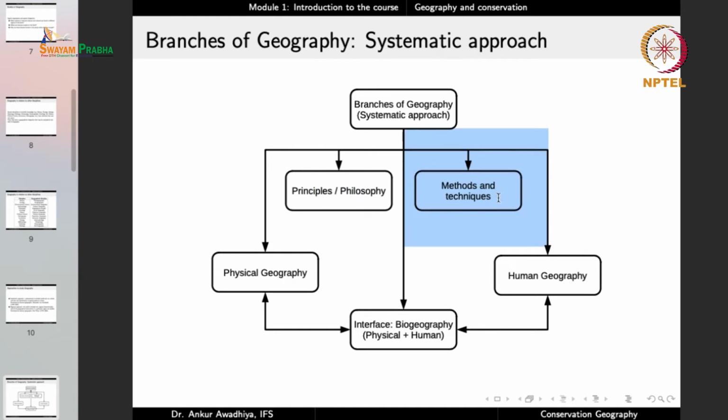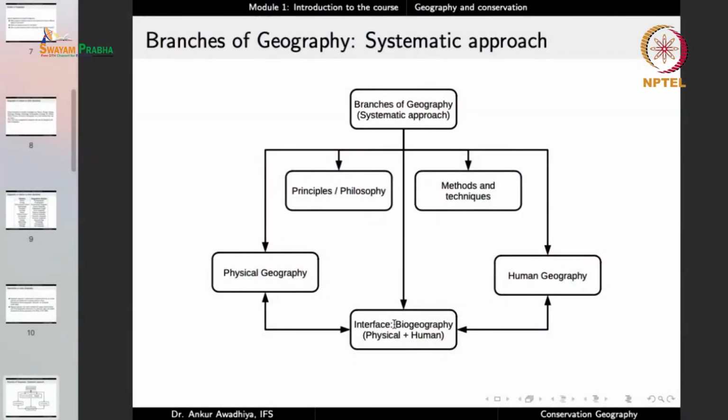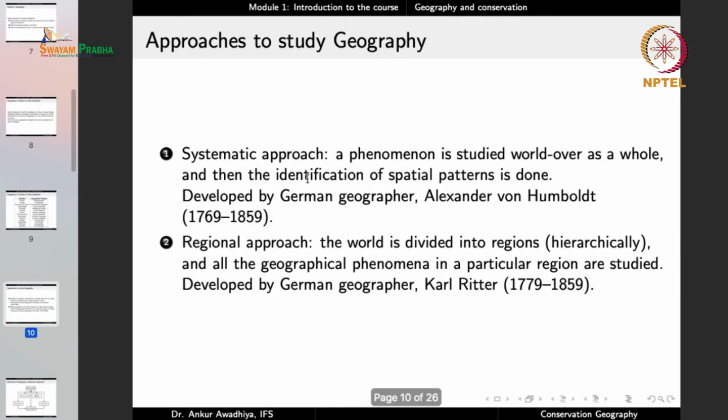If you look at methods and techniques of geography, if we take things such as the use of geographical information systems, then they are the same anywhere in the world. If we take the interface things like biogeography, again we have the same principles that apply all over the world. So this is the systematic approach. In the case of systematic approach, a phenomenon is studied world over as a whole, and then identification of spatial patterns is done.